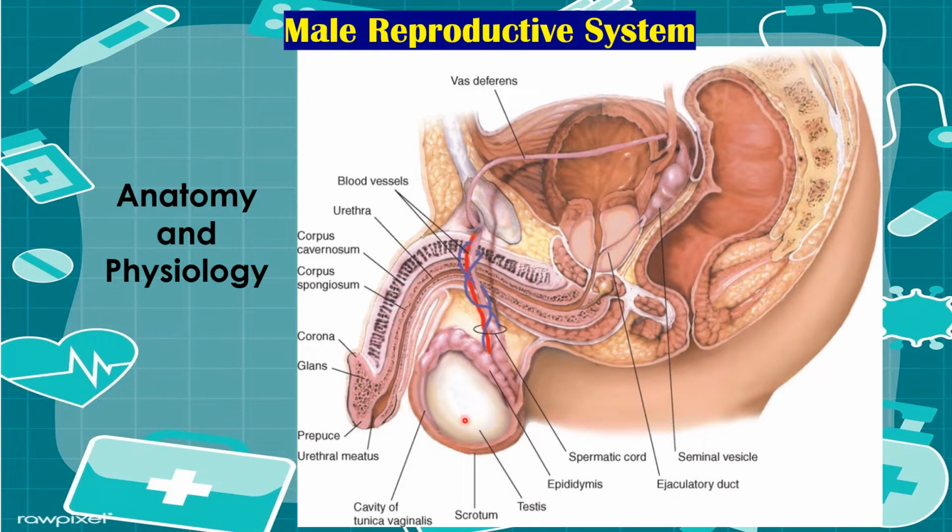In uncircumcised men, the glans is covered by a loose hood-like fold of skin called the prepuce or foreskin, where smegma, or secretions of the glans, may collect. The urethra is located in the ventral midline of the shaft of the penis.